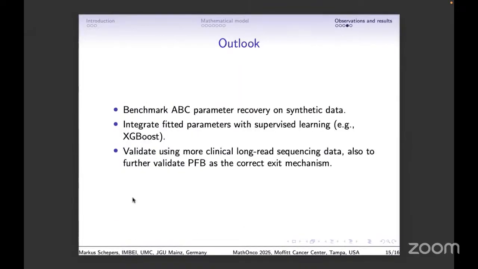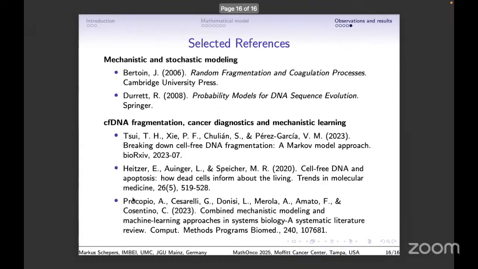What we need to make sure of first, though, is that the parameter estimates that we get from the ABC inference are actually reliable on synthetic data when we know the parameters, and then to integrate this with XGBoost and validate it with clinical data. Based on the data we have looked at, it seems like the power law with fixed boundary is the most realistic one. That's where we are. Thank you.